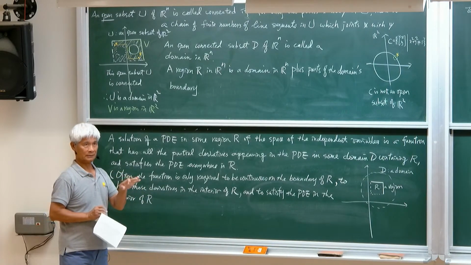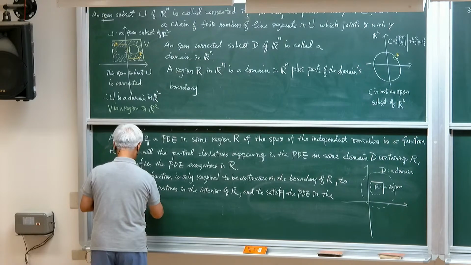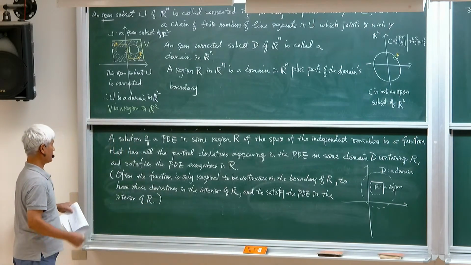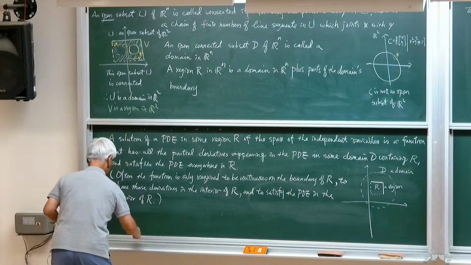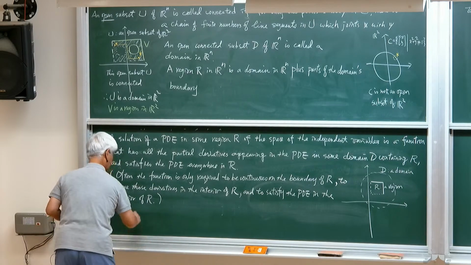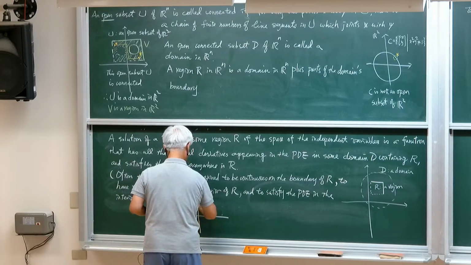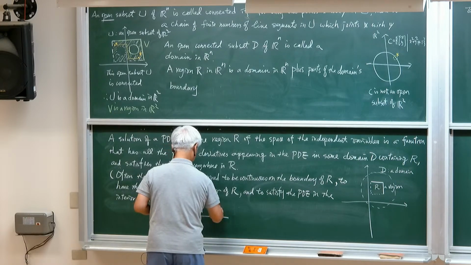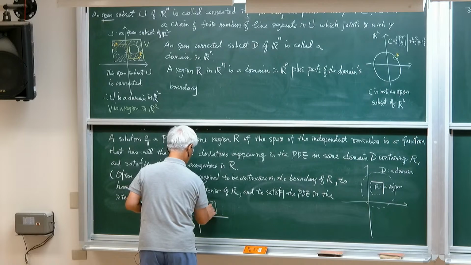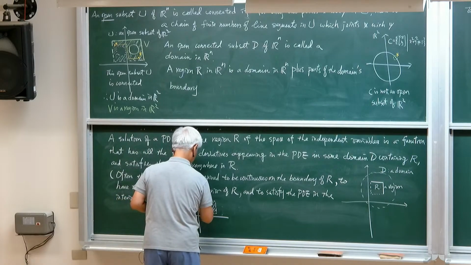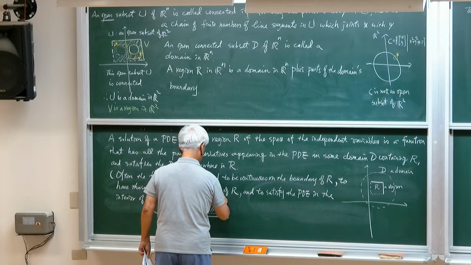So in this situation, this is the domain, and the region will be the domain including some part of the boundaries. This is the R here.